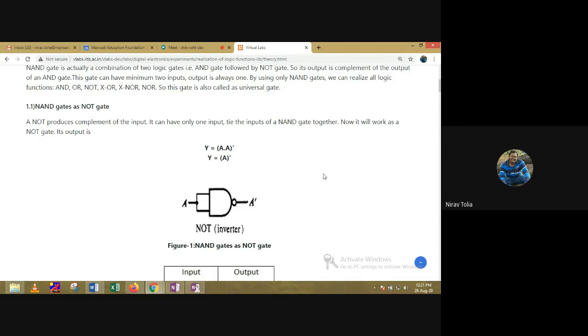So what we are doing, we are connecting both the inputs together as shown in the figure, and we are giving a single input only. So how it works, if you are giving the single input to the NAND gate, then the equation of the NAND gate you can see here, which is highlighted.